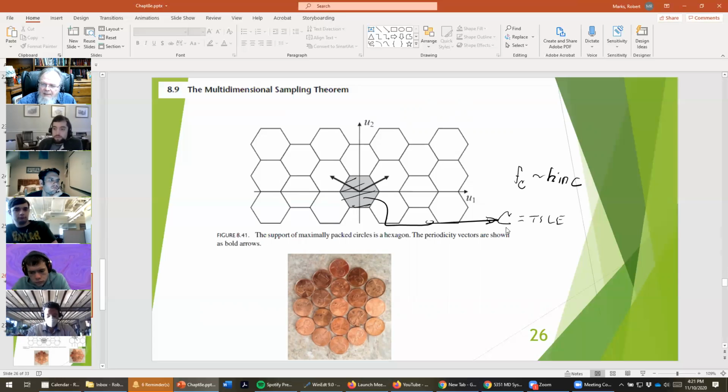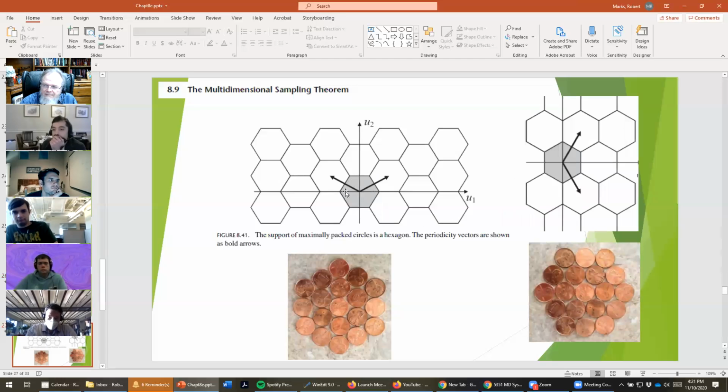But notice here that if we had this periodicity matrix, this is a P1 and a P2. In the previous slide, we showed that we can mess around with the P1s and P2s. Here's something else which is interesting. Even for a fixed P1 and P2, you can have a bunch of different tiles, as we'll see next.